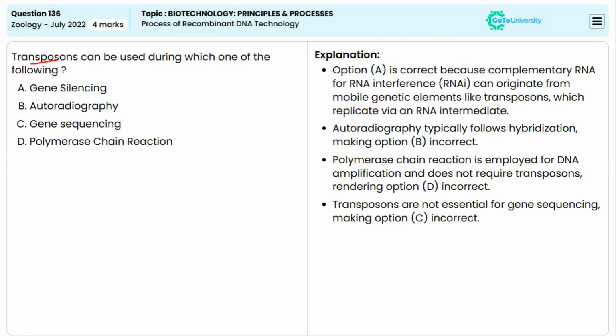Here the correct answer is option A, gene silencing. Because complementary RNA of RNA interference can originate from the mobile genetic elements like transposons which replicate via an RNA intermediate. So gene silencing will involve transposons, and these transposons will be replicating via the RNA interference.